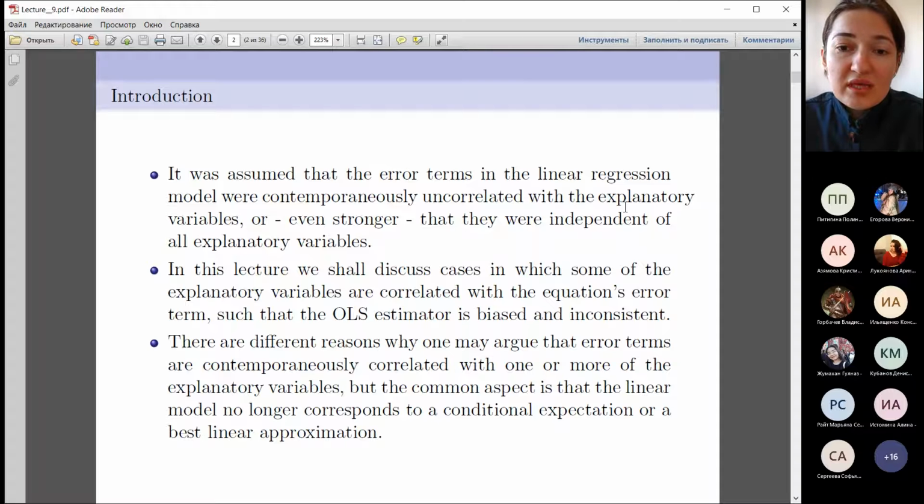Or it's better to say, error terms and our X's, or our independent variables, should be independent.